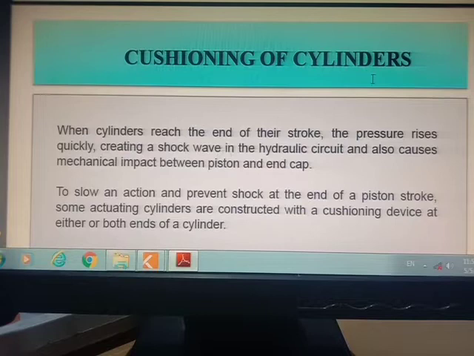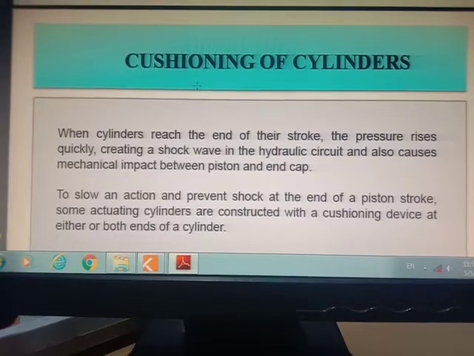Means some cushioning arrangement is provided in the double acting hydraulic cylinder, and due to this cushioning arrangement, at the end of the stroke the speed of the piston gets reduced, so it moves very slowly at the end of the stroke, and it will not strike suddenly, or the impact will not take place on the sides of the hydraulic cylinder. So that arrangement we make in the double acting hydraulic cylinder is known as cushioning of cylinders.